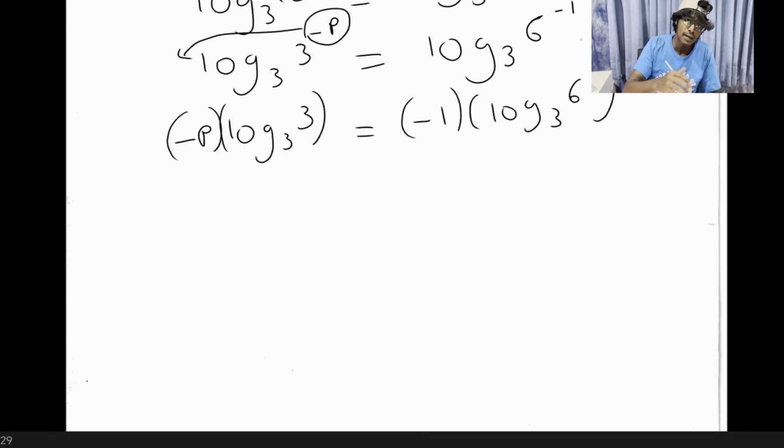So when it comes to logarithms, if you see a base and the number in front is the same, like log 3 3, we can now turn it into 1.